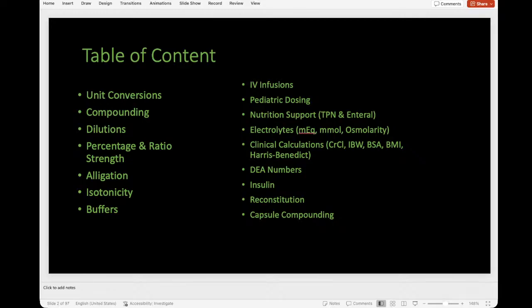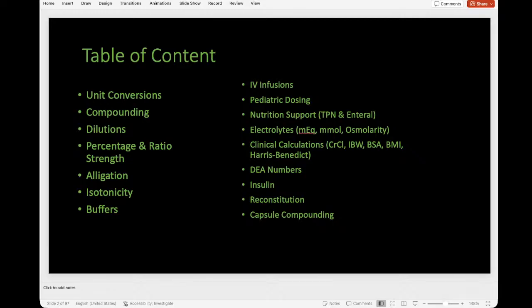There are a few insulin problems that you may encounter: reconstitution, capsule compounding. These are relatively simple questions. I put in a few more reconstitution problems because some of you may get a little confused on that. So hopefully this presentation will clear up some confusion there.